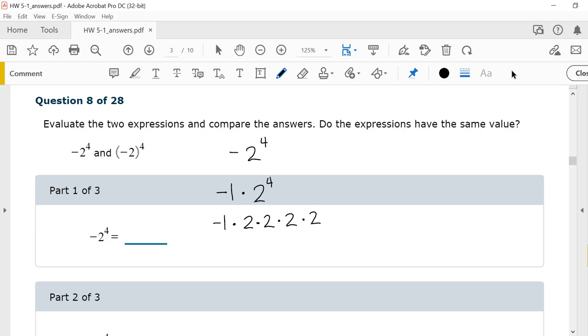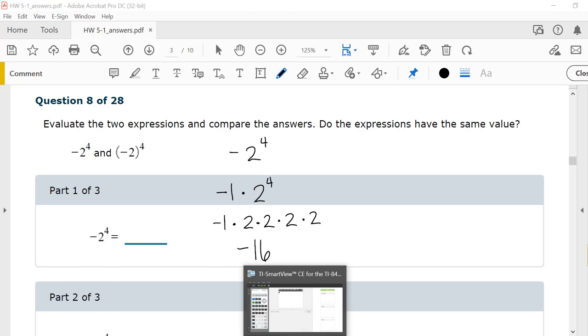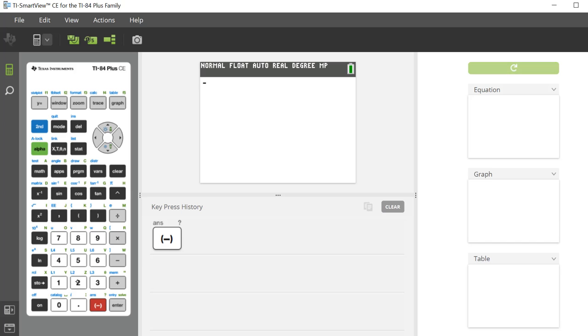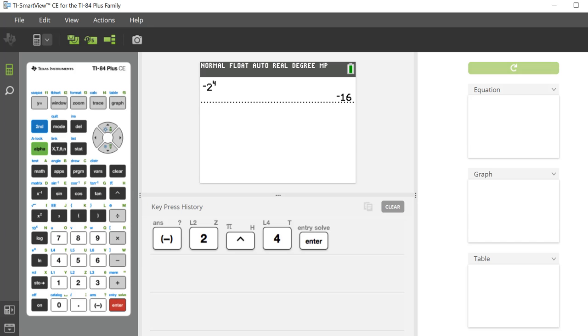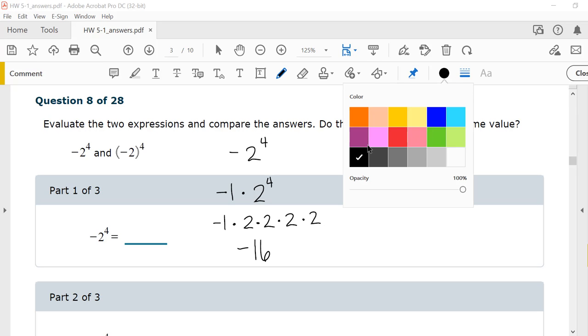So I'm going to do -1 times 2 is -2, times 2 is -4, times 2 is -8, times 2 is -16. I can also confirm that on my calculator. -2 to the 4th is -16.